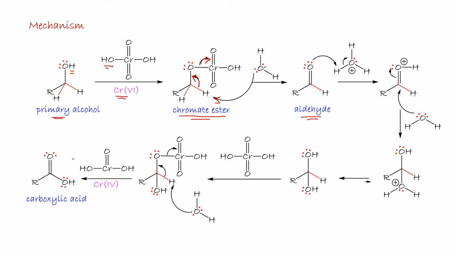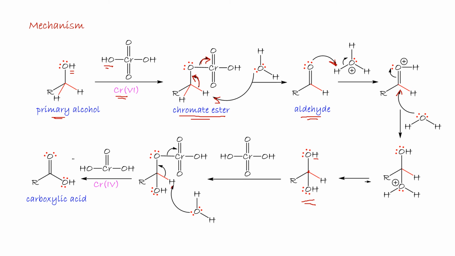Under this acidic condition, the oxygen protonates, proton transfer from acidified water molecule, then nucleophilic attack by another molecule of water to form hydrate, two OHs on the same carbon. Again, chromic acid forms ester with one of these OHs.